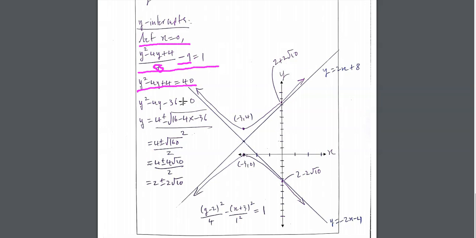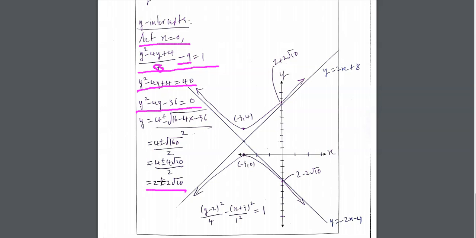Now we want to get the right-hand side to be 0, so we minus 40 over to the left-hand side, and we get a quadratic equation in y equal to 0 that can be solved using your favorite method. I just, being lazy, used the quadratic formula, and I get 2 solutions, which is what I want, 2 y-intercepts, 2 plus 2 root 10 and 2 minus 2 root 10.